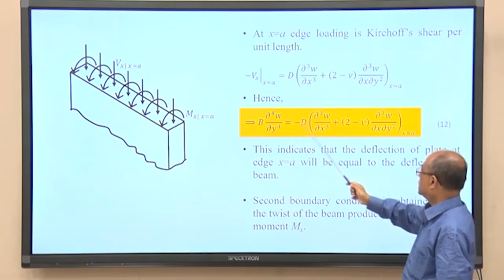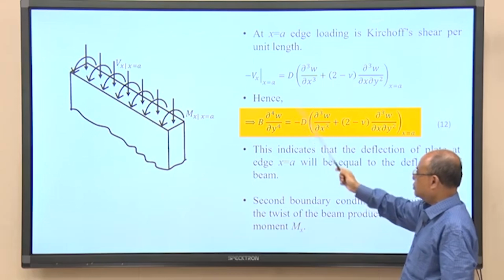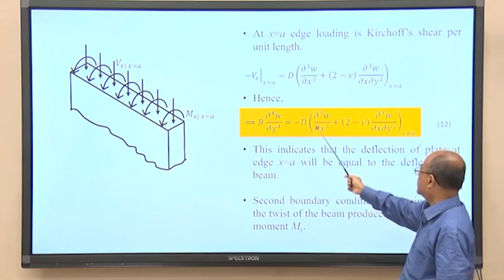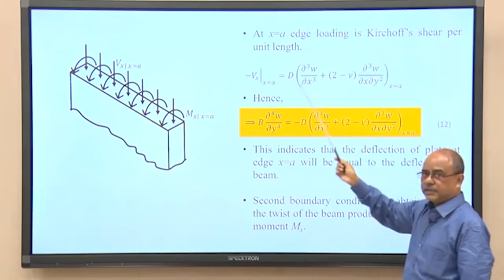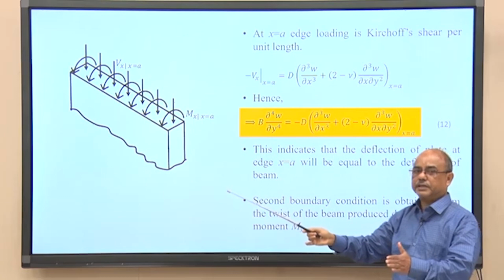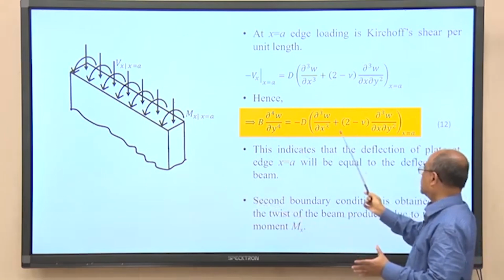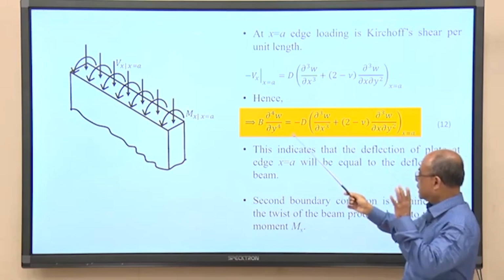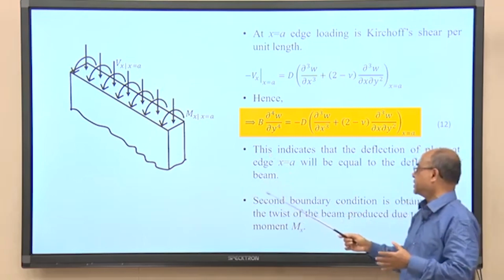The right hand side is nothing but the load transmitted on the beam, which is the shear S. The shear per unit length will be the distributed load on the beam. So, knowing this quantity at x equal to a, we can impose the boundary condition to evaluate the unknown constants of integration.